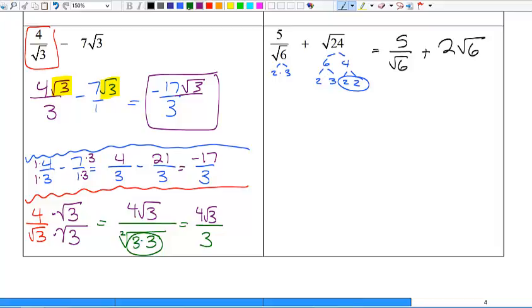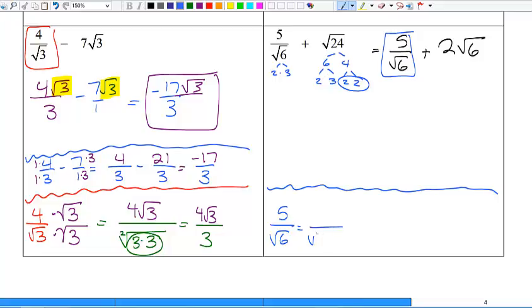Step 2 says to rationalize any denominators. Oh dear, I've got a root 6 in the denominator, which means I need to rationalize that denominator. So I'm going to bring this problem down here, see if I can rationalize this first, and then proceed with the problem. When I rationalize the denominator, I can't reduce anything. 6 can be broken up to 2 times 3.